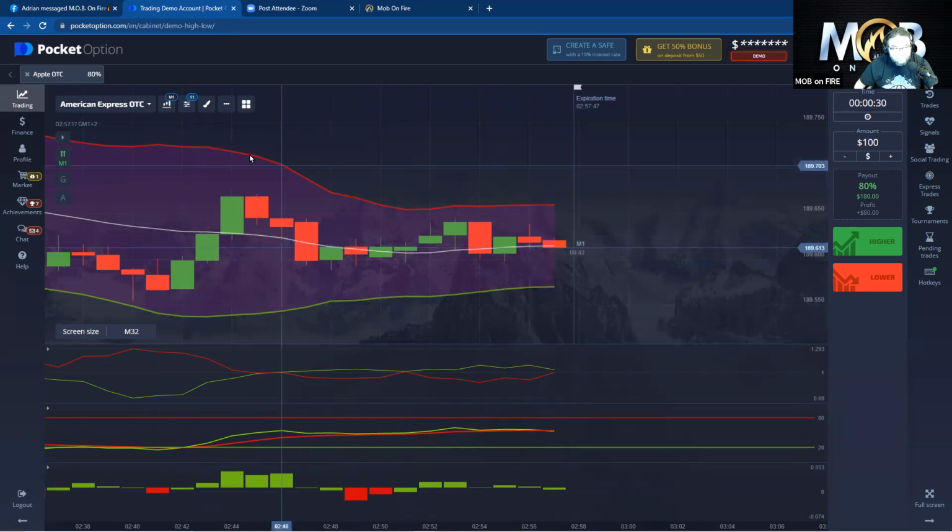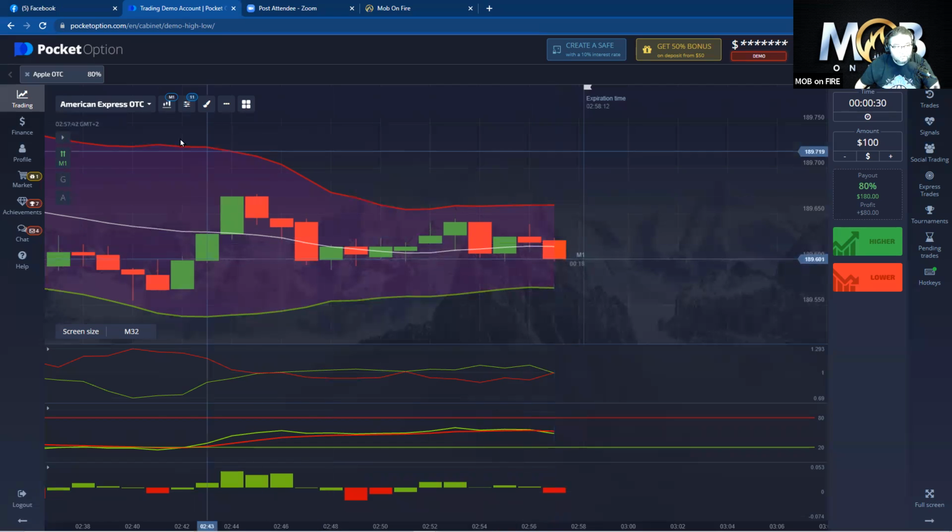See how it went from a very wide Bollinger Band to a narrow Bollinger Band, because right after this candle, consolidation started and boom, it's right in the consolidation. See how the price is staying right there in the middle, right at that white line. I avoid things like this.